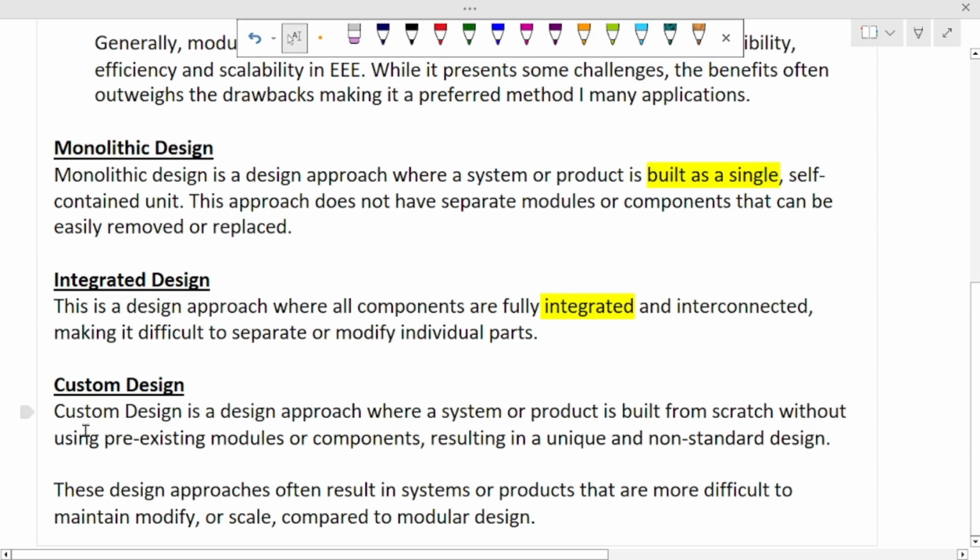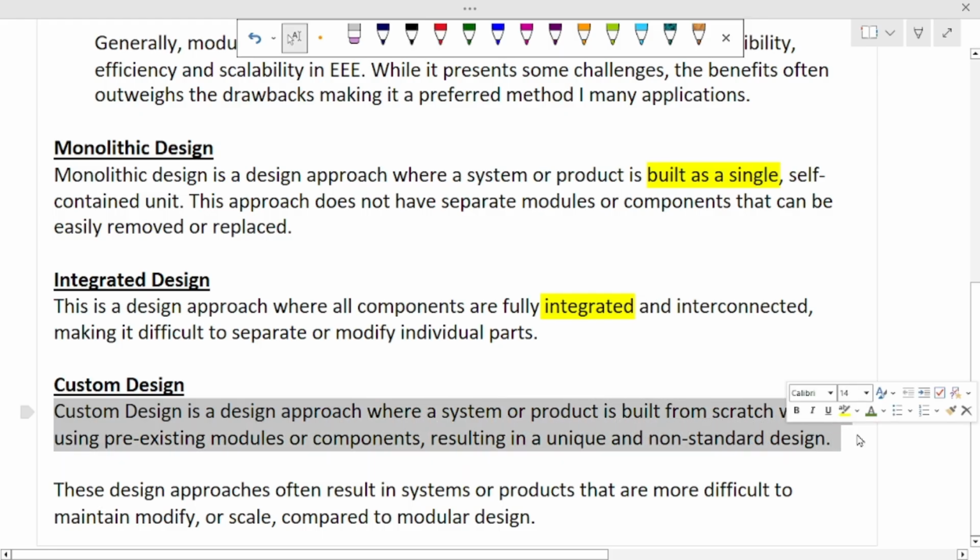Then for custom design, I don't have much to say about this because it depends on who? The builder, the developer, the designer.